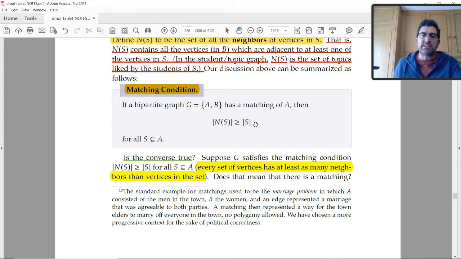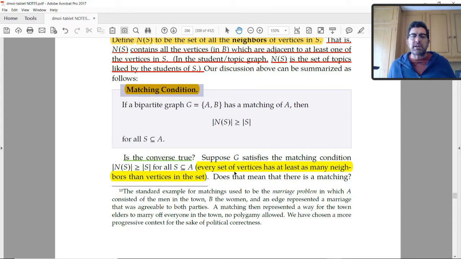So the cardinality of N(S) is at least the cardinality of S. So we can have more topics and fewer students to choose those topics. That will work. But we can't have it the other way around, because then there's fewer topics than there are students, and students cannot choose the topics.